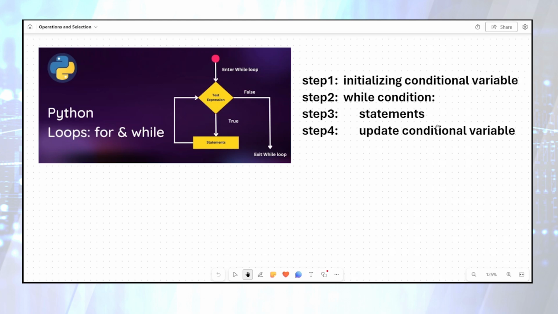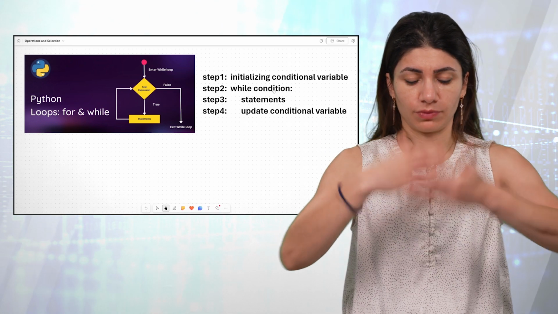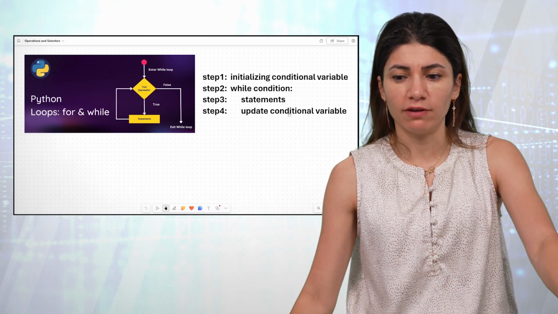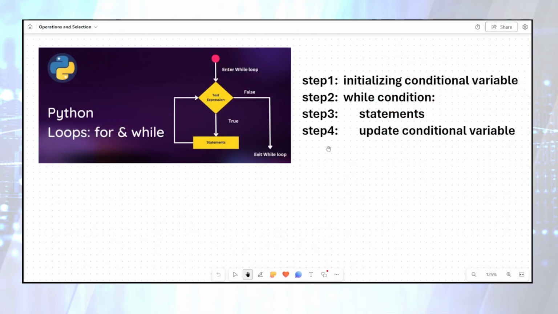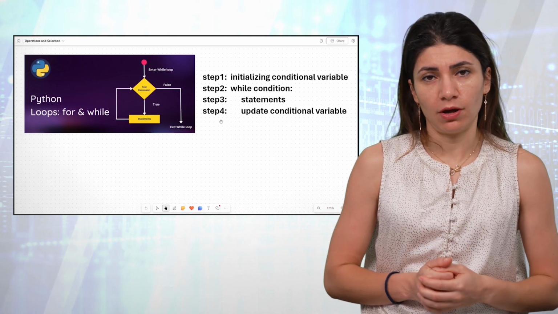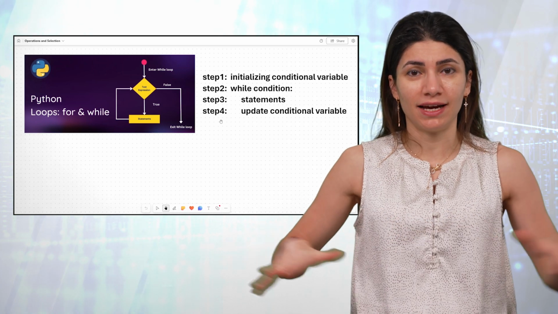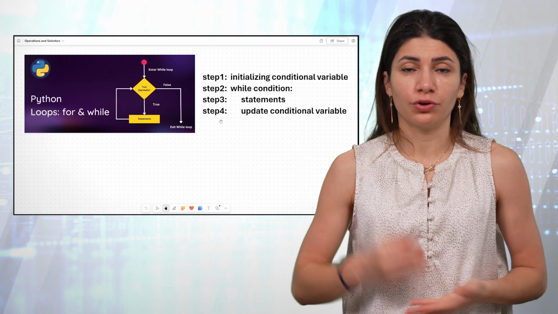The last line in your while loop is updating the conditional variables that you used in your condition. You're changing that condition as your loop iterates so that at some point it stops the loop. Otherwise, it's going to be an infinite loop if you never update those conditional variables. So always keep these 4 steps in your mind and make sure you follow them. Depending on different problems, and as you get better at programming, you might want to change them, but for this class, make sure you follow all of those 4 steps as they are and in the order they come.